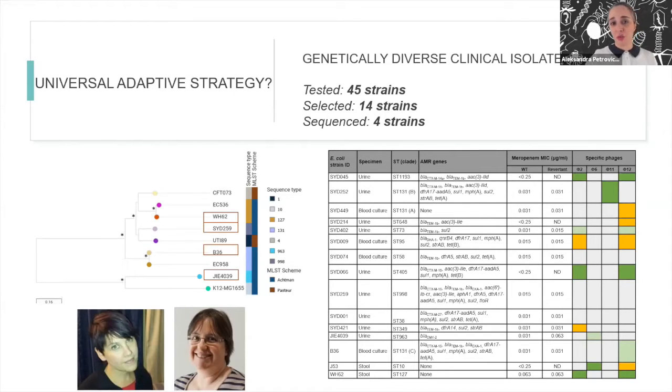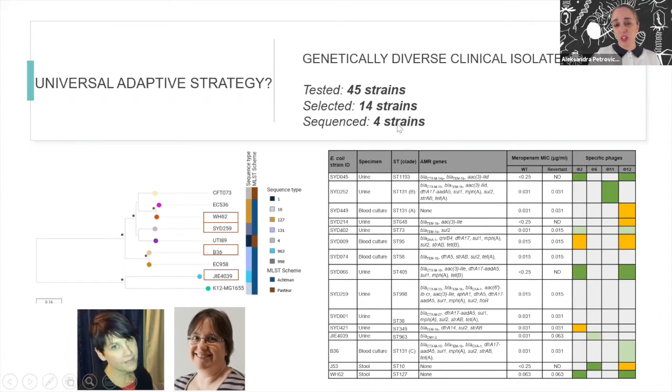Of these strains, we selected 40 to do some further characterization and to check their susceptibility to meropenem in revertants to see if it changes after this L form switching, and we saw no changes. So they retain their sensitivity to meropenem after L form switching.